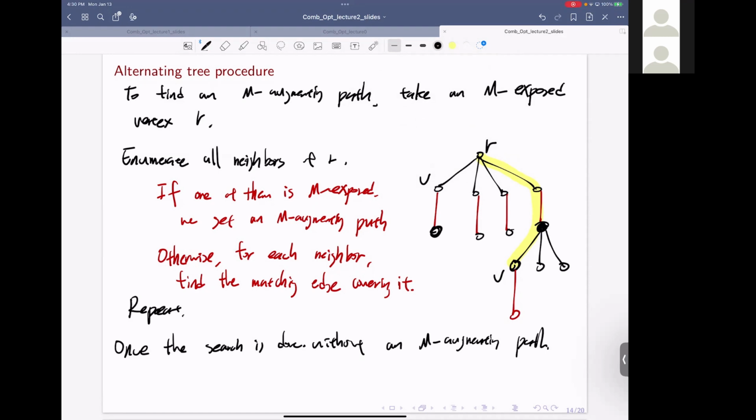Let's say the search is done and you cannot find the augmenting path. What you do is you remove this tree structure completely from the graph, and then you start with another M exposed vertex and grow the tree from there. And remove all vertices of the tree from the graph.